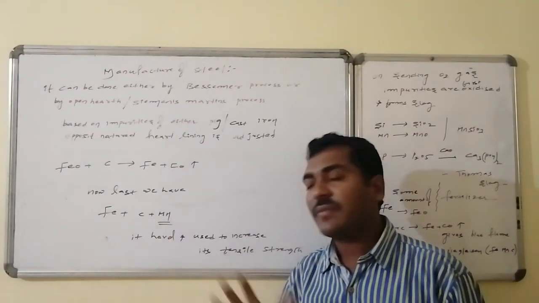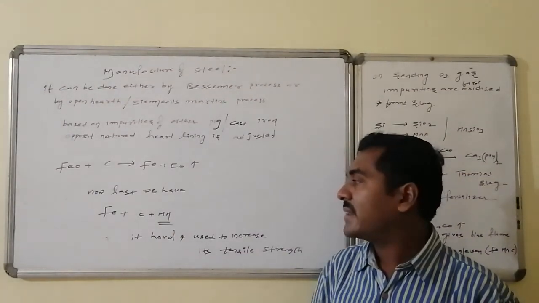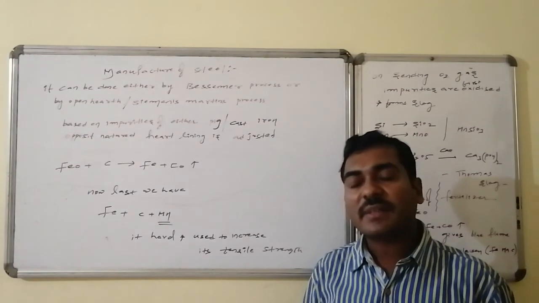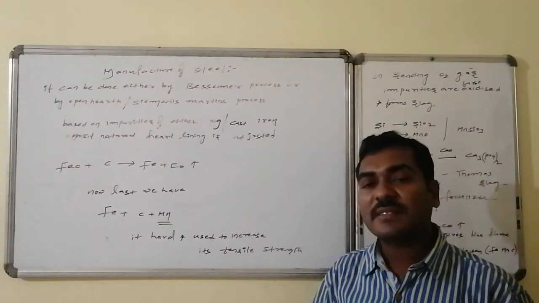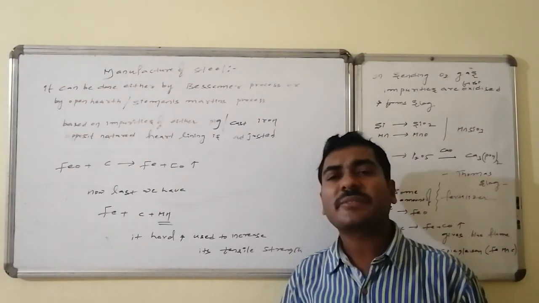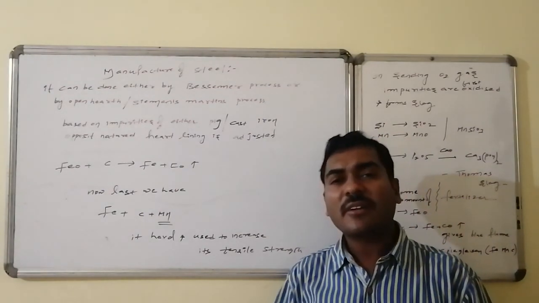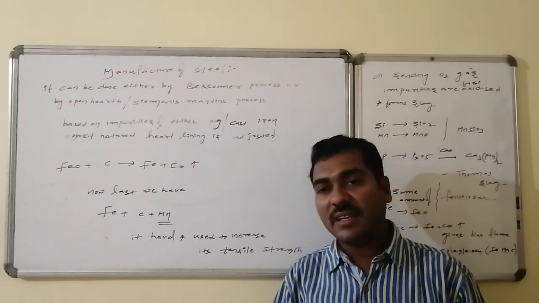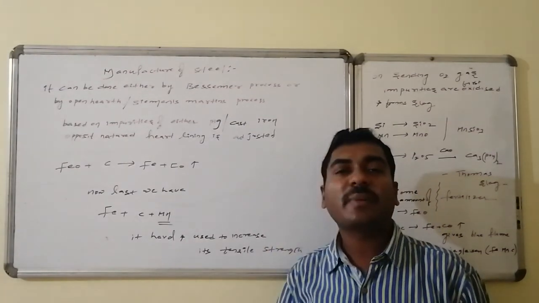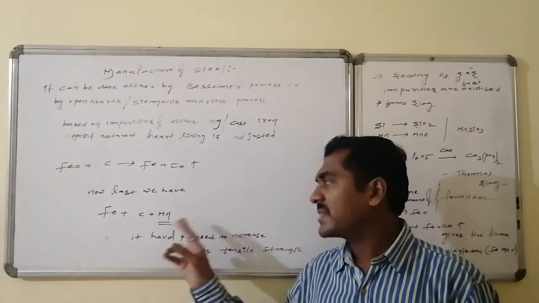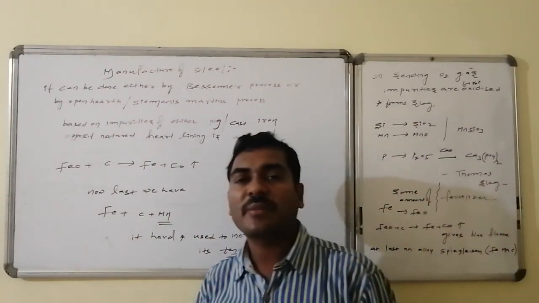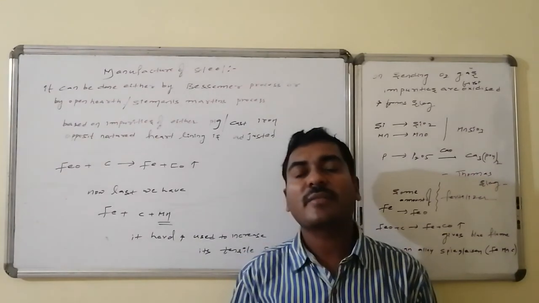Now we have iron, carbon followed by manganese. As the manganese percentage increases, the tensile strength as well as the hardness of the steel increases. Thus steel with the desired properties and required features is prepared with the desired percentages of carbon and manganese. Thus steel is manufactured either from pig iron or from cast iron.